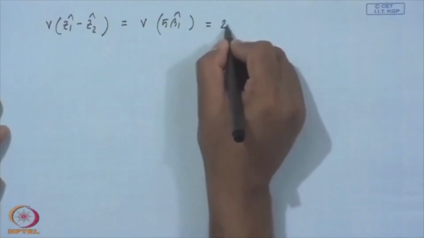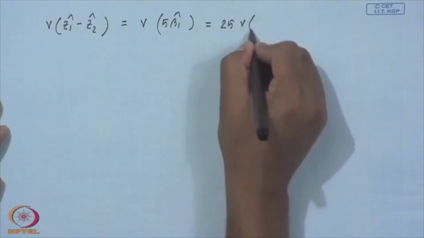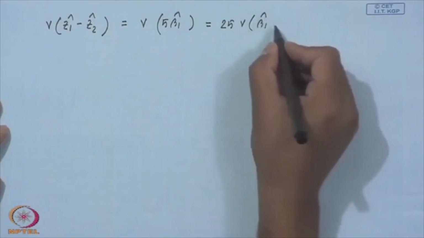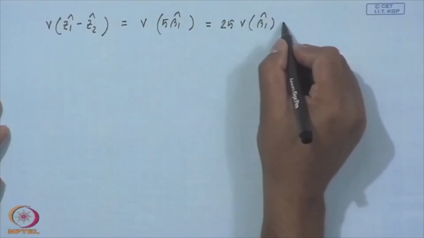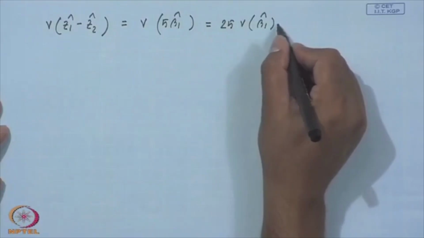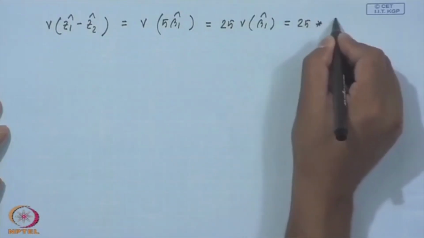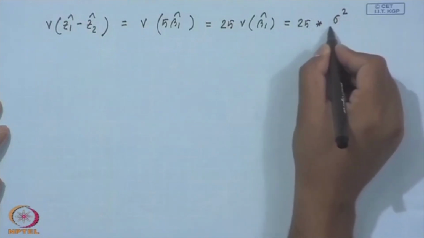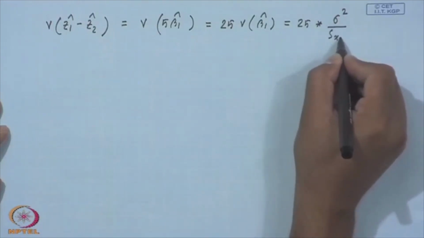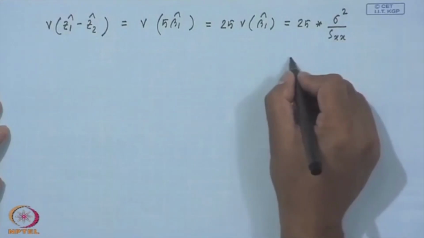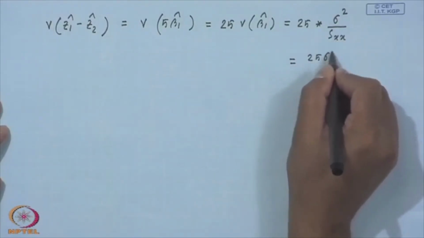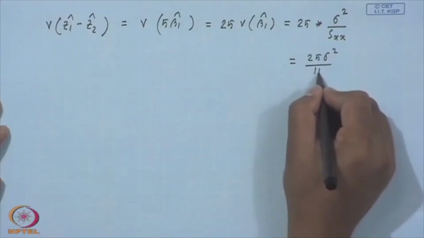So, this one is nothing but 25 into variance of beta 1 hat, and this is equal to 25 into sigma square by S x x, which is equal to 25 sigma square by 110.